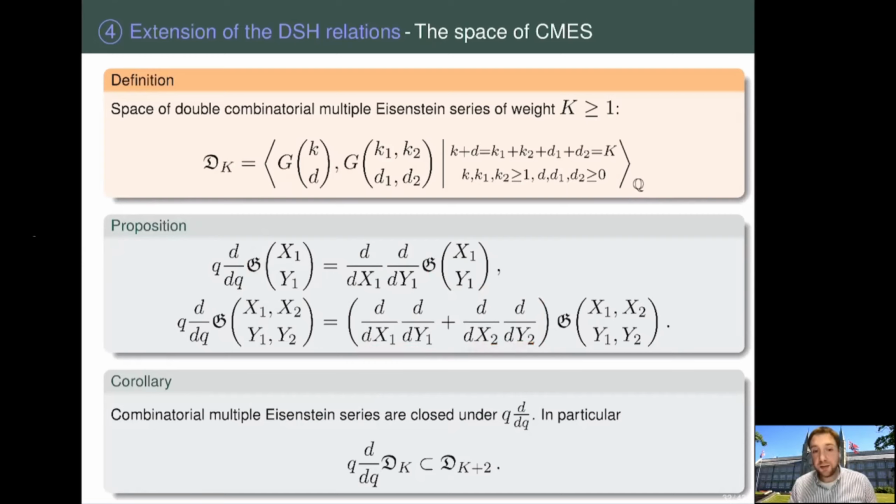So in particular, these combinatorial multiple Eisenstein series are closed under taking the derivative. But more generally, if I have a symmetrical B-mold, then using the sum of these partial derivatives always gives me a derivation on the space generated by the coefficients of this B-mold.